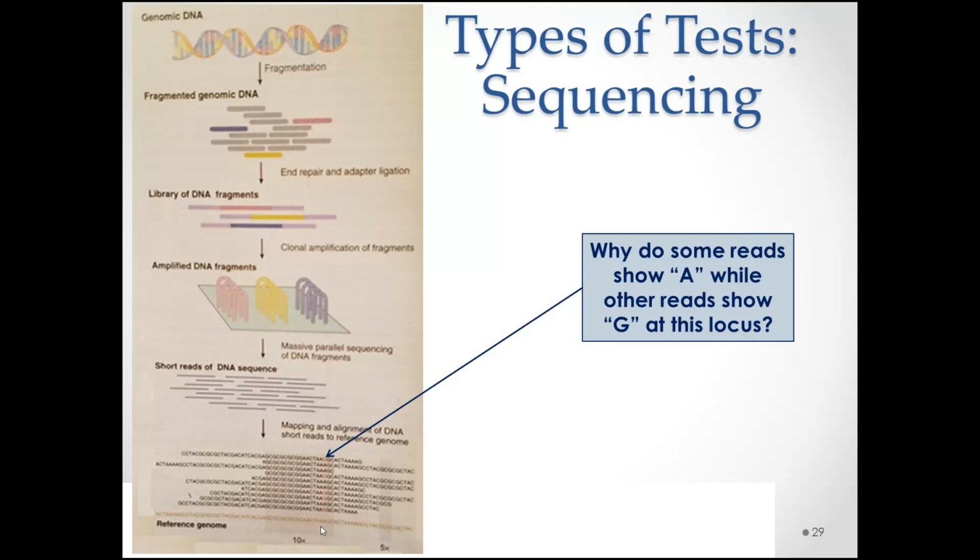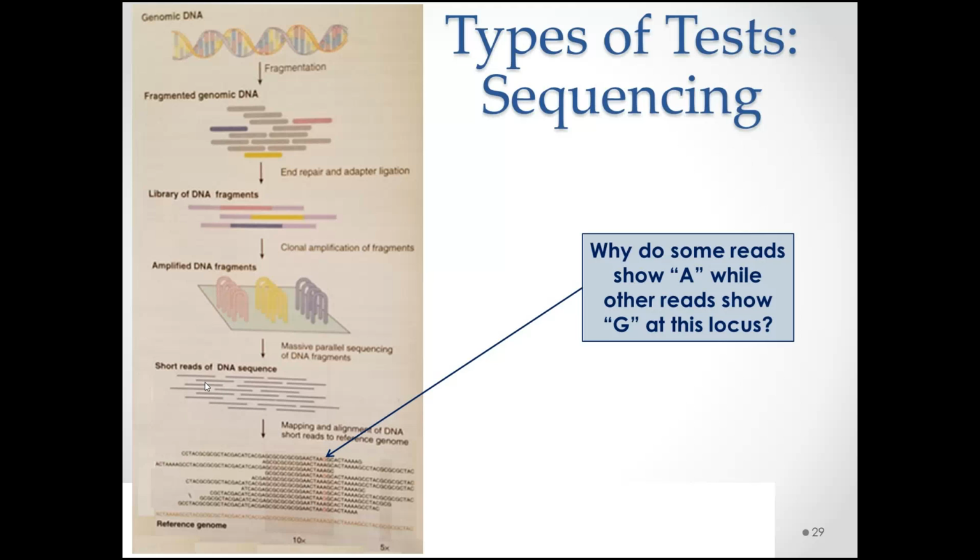Here, it's showing you that there were 10 fragments overlapping this particular section of the reference genome, and 5 fragments overlapping this particular segment of the reference genome. And the more reads that you have overlapping a particular area of the reference genome, the greater accuracy you have to say exactly what the base was there.